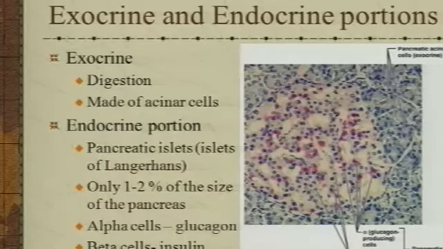The alpha cells are going to release glucagon, and glucagon will help to release stored forms of glucose and fat. Insulin is going to facilitate the uptake of glucose into cells. We talked about that a couple of slides before. These alpha and beta cells will be grouped in the islets of Langerhans. Any questions about that? Cool.